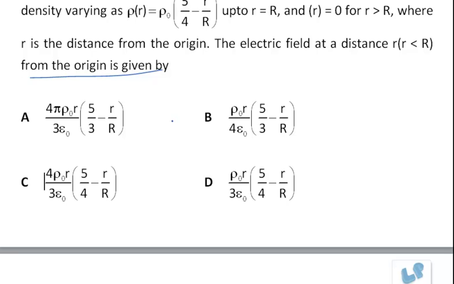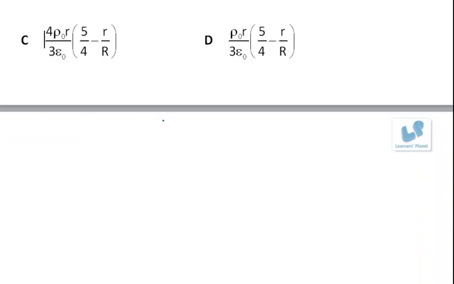Now in this problem we have to apply the concept of Gauss theorem or Gauss law. What Gauss has to say is that the flux that emerges out of charge distribution from a Gaussian surface is given by Q enclosed upon epsilon naught.